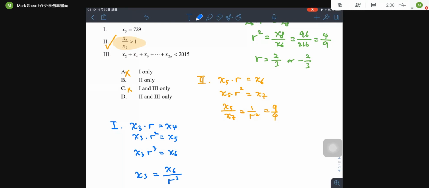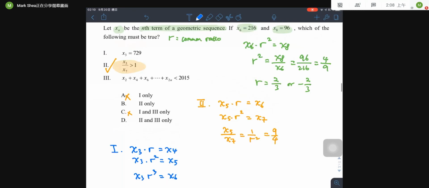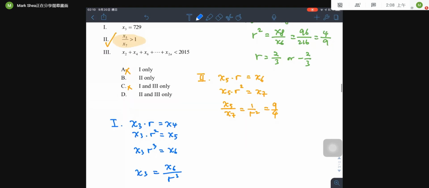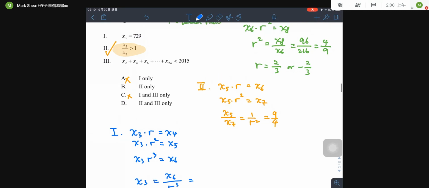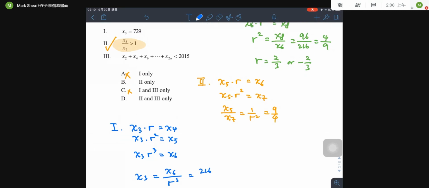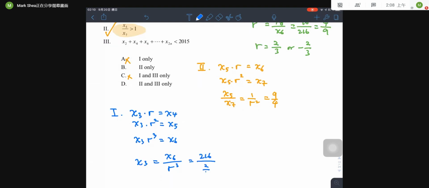So for the values of x3 we can use 216 divided by (2/3) to the power 3, or 216 divided by (negative 2/3) to the power 3.